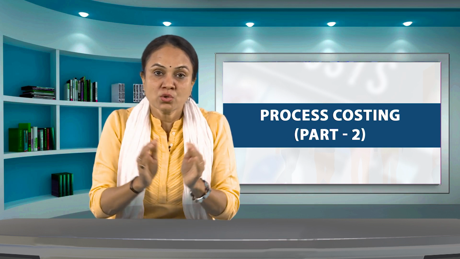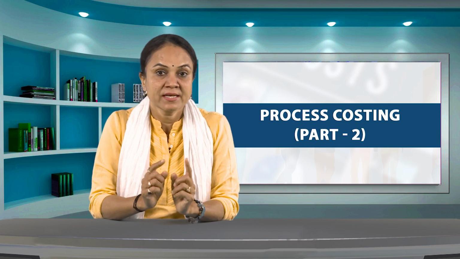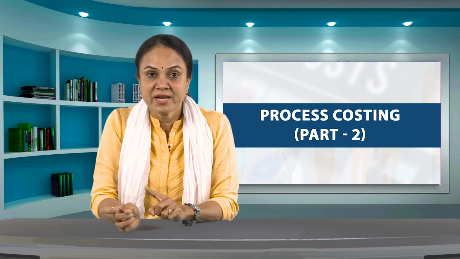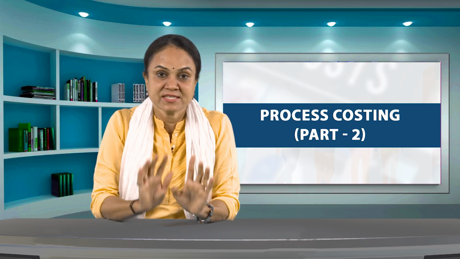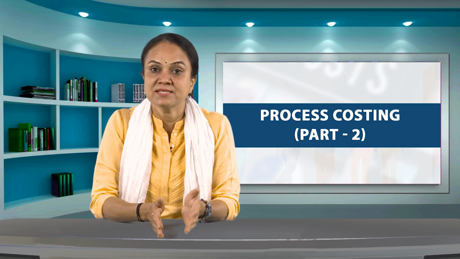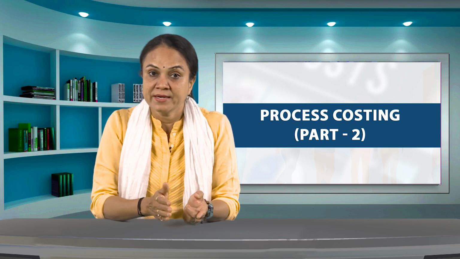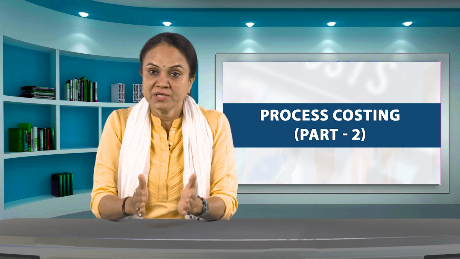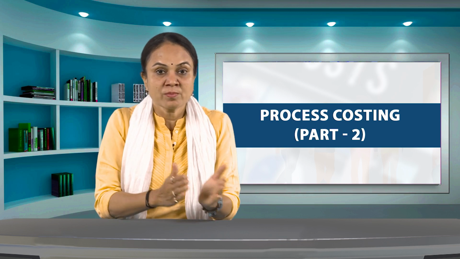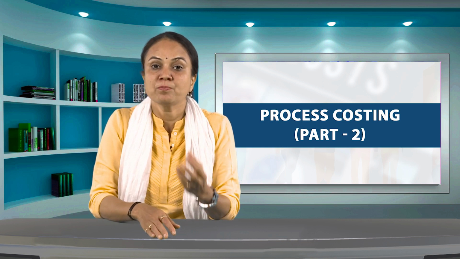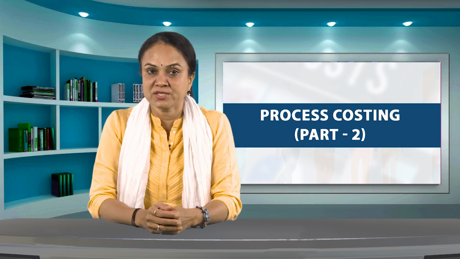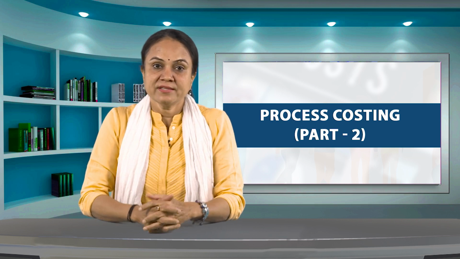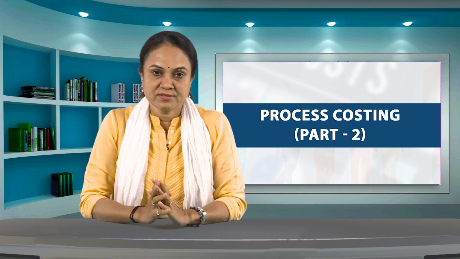Third, the total cost of the process less price realized from normal wastage is treated as a normal cost and it must be divided by the number of good units produced, that is normal production, to get per unit cost of production. Let us understand this with the help of illustration.